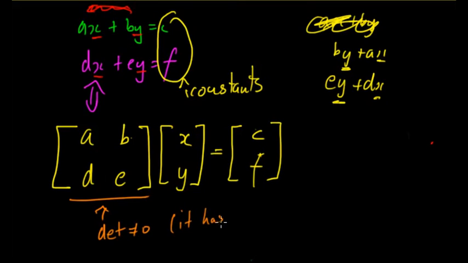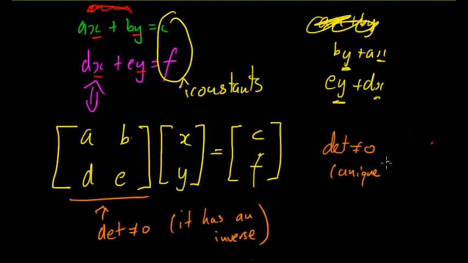Basically, what you need to know is that when the determinant does not equal 0, these simultaneous equations have a unique solution. And when the determinant does equal 0, then there are either many solutions or none.